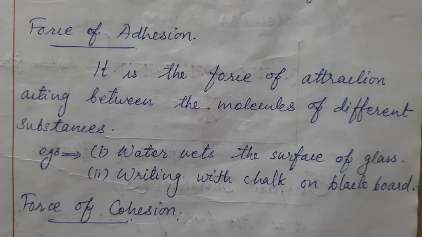When the force is between the same kind of molecules, that is called cohesion, the force of cohesion. But if we consider water taken in a glass container, the intermolecular force is between water molecules and the glass molecules. So the force is between different kinds of molecules. We call it the force of adhesion.